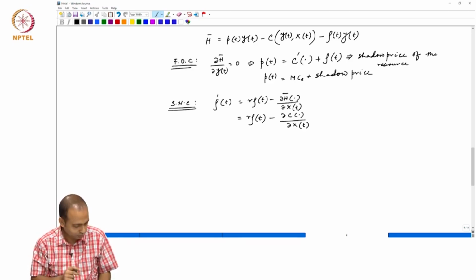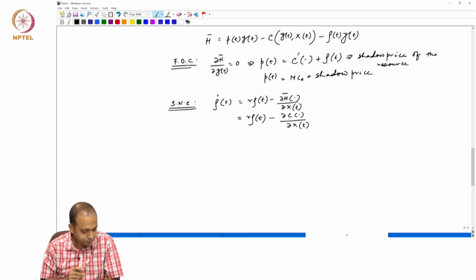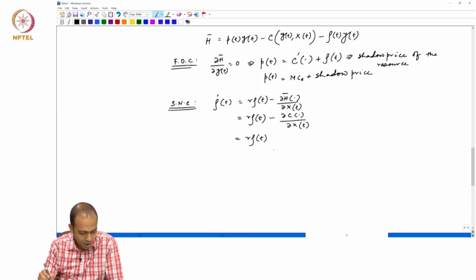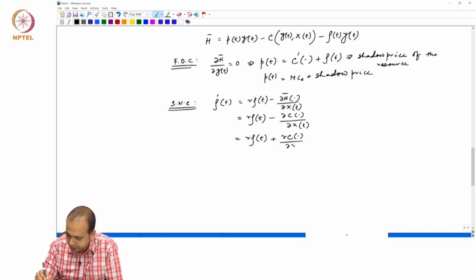Okay. So, we can think of del C del x itself as negative, because this is called the stock effect on cost of extraction. So, that means we can write this as R into rho t plus del C del xt.